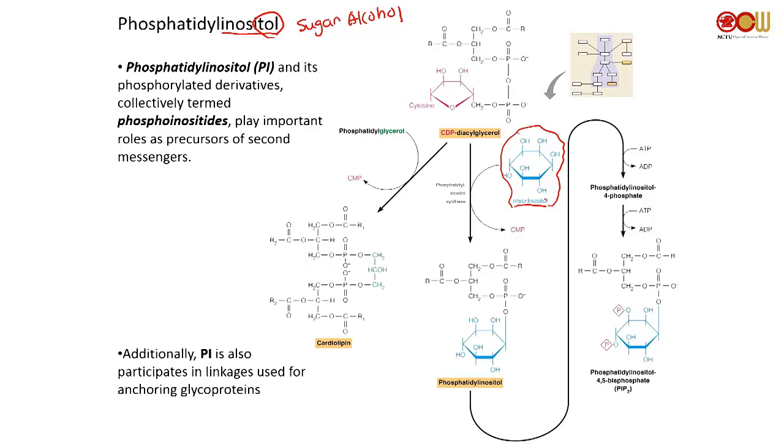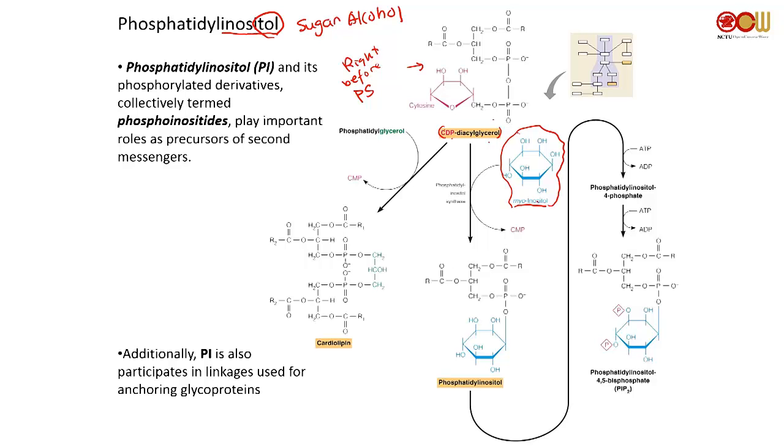and then what you can do is you take the CDP diacylglycerol. Remember where this is from, right? This guy is right before PS. So if you take the CDP diacylglycerol, you can use that to make PS. You can use that to make CDP glycerol, that kind of stuff. But here, what we're going to do is react it with a sugar alcohol to be exact.